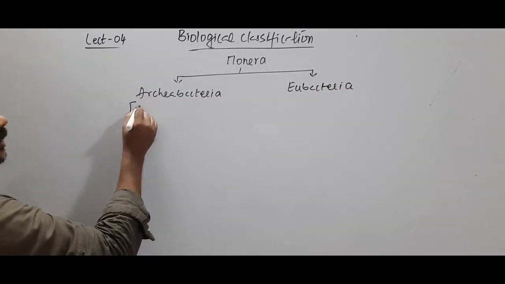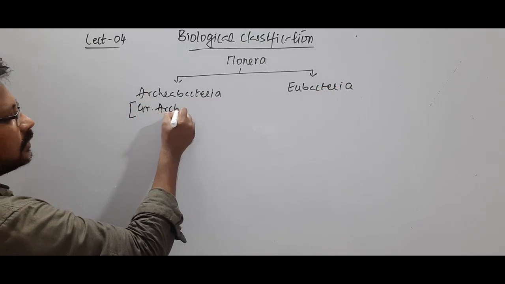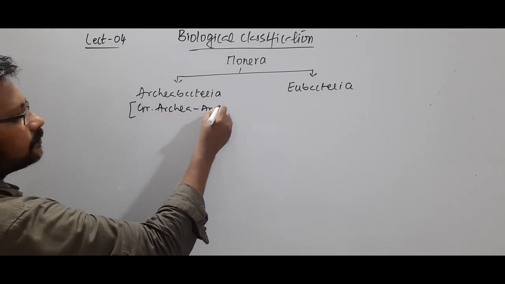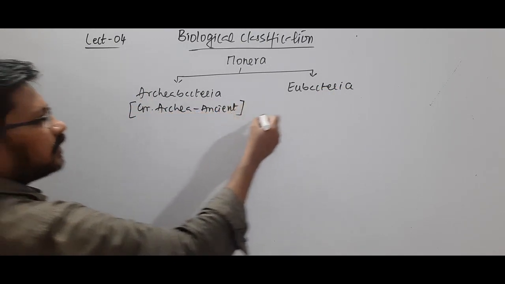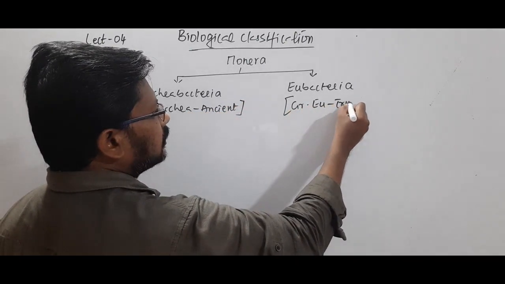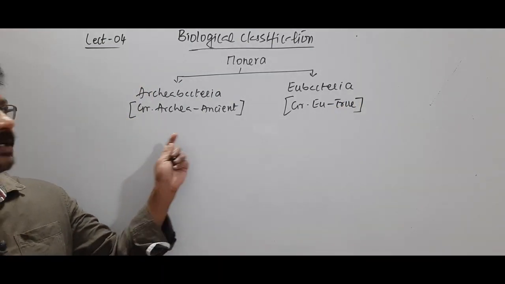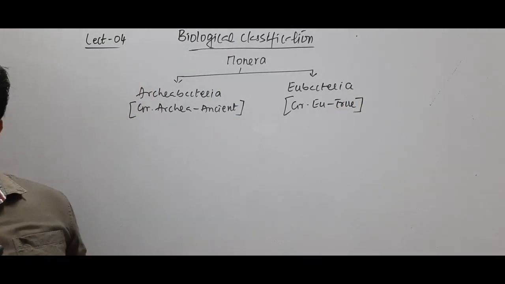Archaea is from the Greek, which means ancient, whereas eu is from the Greek eu, which means true. So these are ancient bacteria and those are true bacteria.